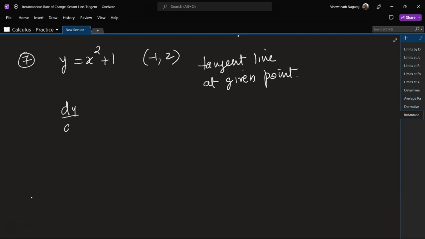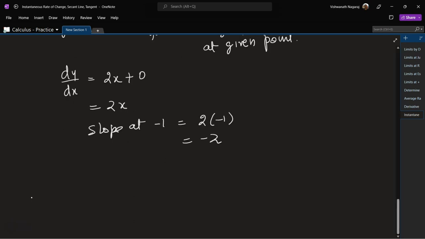So dy by dx is equal to 2x plus 0, which is equal to 2x. Now slope at x value minus 1 is equal to 2 times minus 1, which is minus 2.